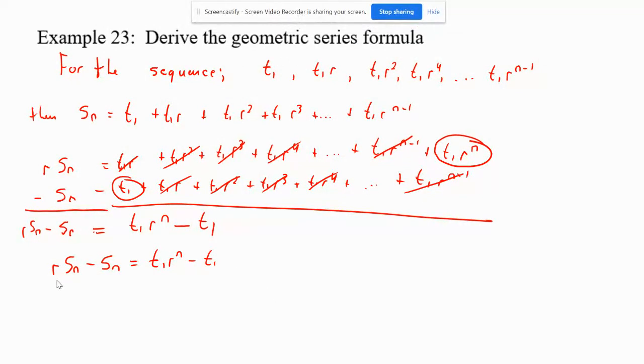So the idea that we're going to do here is we have a common factor of Sn on the left-hand side. So we're going to factor this out.